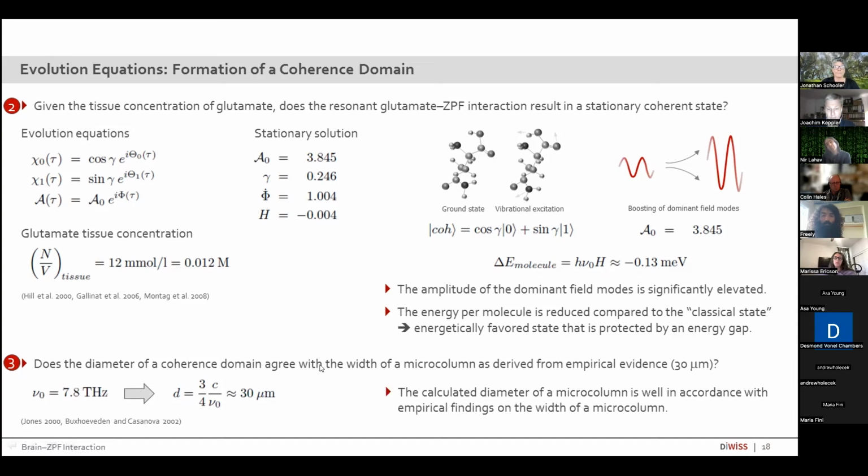And so this is at least a nice result, because it corroborates the model. The calculated diameter of a microcolumn is well in accordance with the empirical findings.